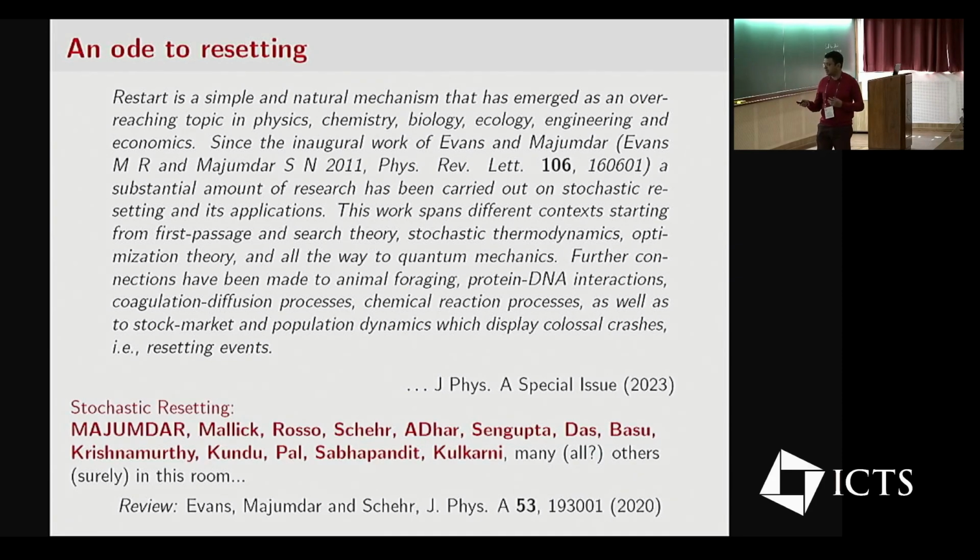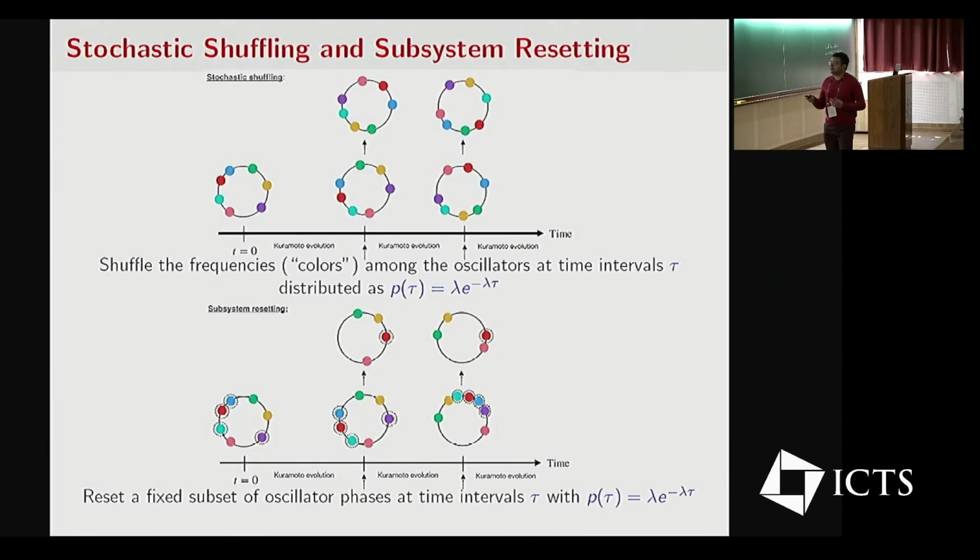Okay. So coming back to stochastic shuffling and stochastic resetting, the new thing that we are introducing here is that in all earlier work, whenever people talked about stochastic resetting, you have the whole bunch of degrees of freedom. You start from an initial condition, you let the system evolve for a random time, and then you reset all the degrees of freedom to their initial values.